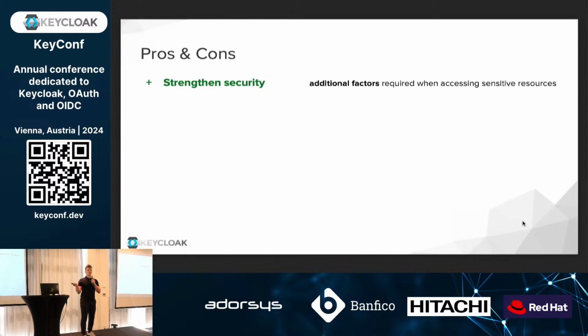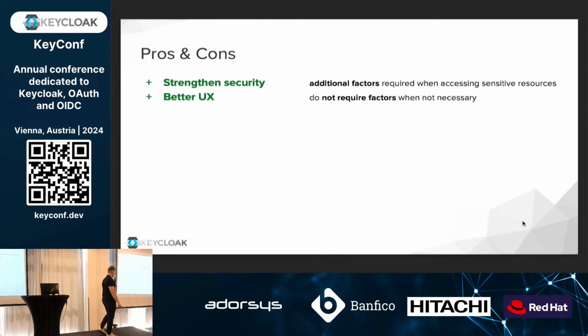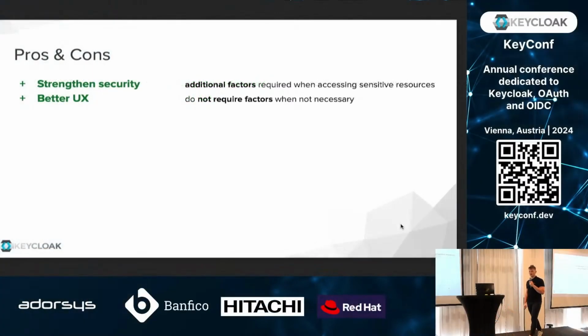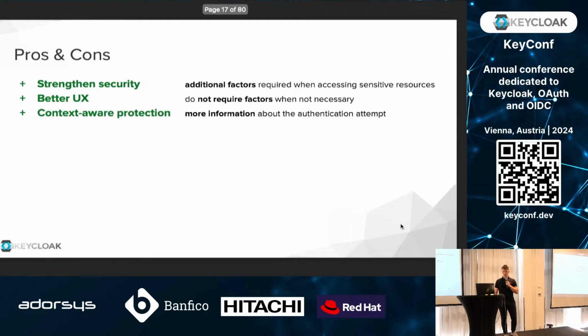It just adapts the authentication flow based on that, right? Also, better UX. On the opposite side, not all the specified factors are required when the risk is low. I will explain it a little bit more afterwards.